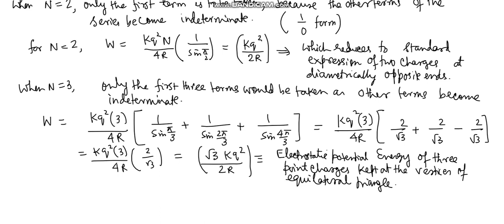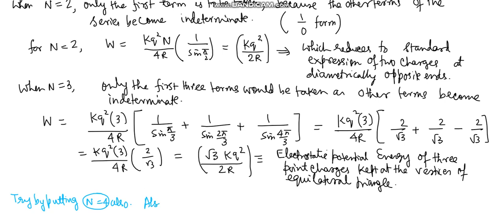I would recommend that students should make a figure and independently calculate and arrive at this particular result. And I would further recommend that you try by putting n is equal to 4 also. If we put n is equal to 4, that means 4 charges will be placed at the vertices of a square.